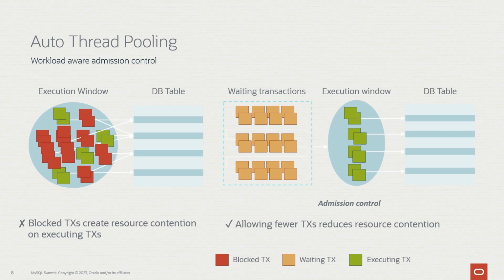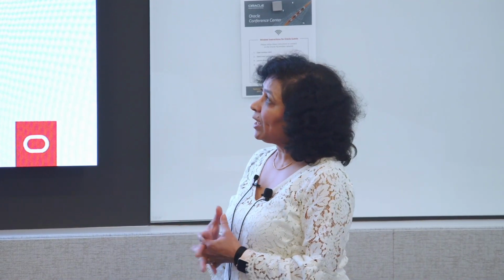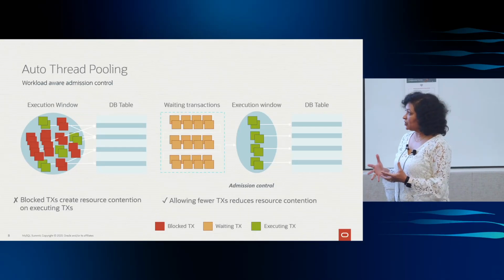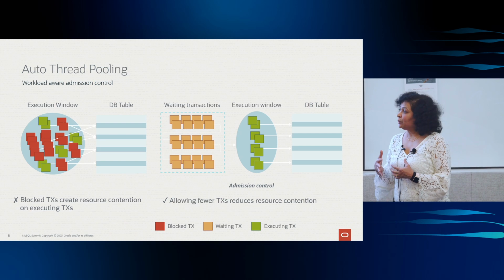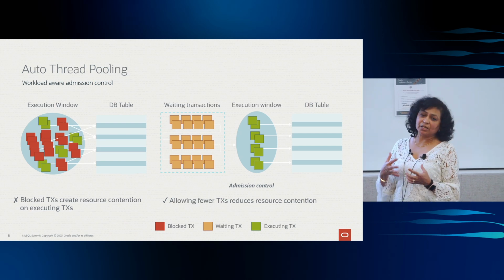After that, the system starts choking because too many requests are coming in and it creates resource contention. So we suddenly see the throughput drop. And this was very true of MySQL, Aurora, everywhere that we were seeing. So we introduced a feature which automatically introduces a waiting queue.